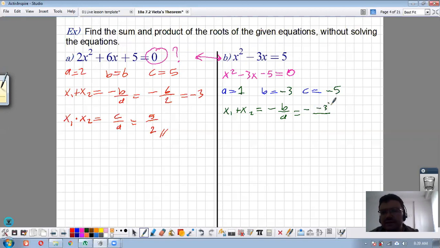If it is a negative number, you put it in parentheses, then over 1. Minus minus becomes plus, 3 over 1 is 3. Then the product x1 times x2 is c over a. What about the c number now? Minus 5 over 1, it is equal to minus 5.